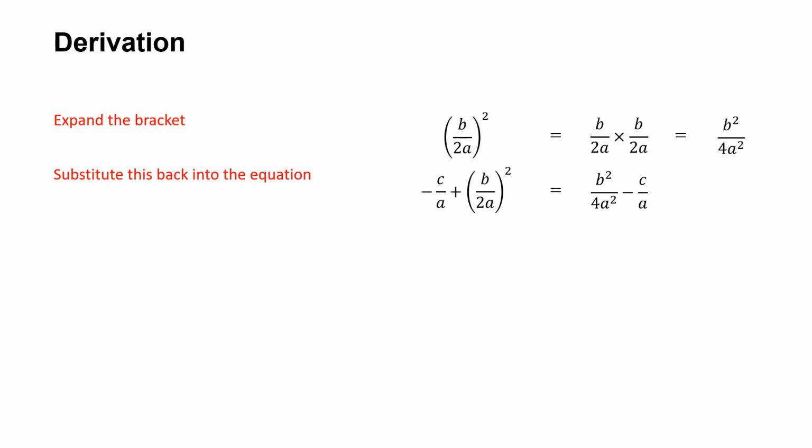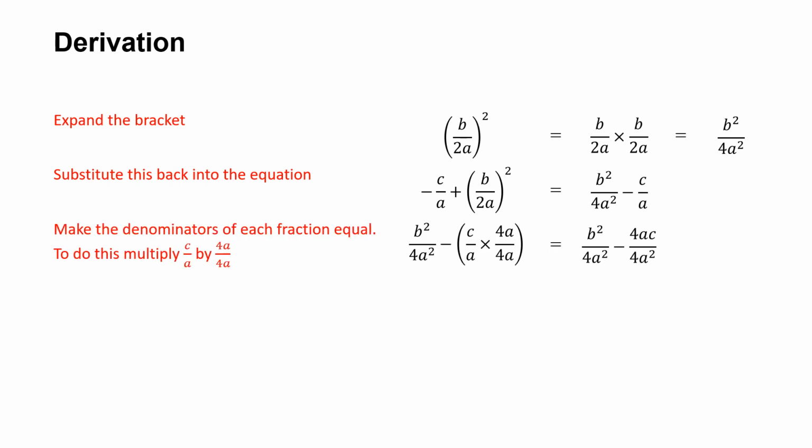And what we want to do now, we'd like to be able to subtract the numerator here, so the b squared minus c, but to do that, we need to make the denominators equal. So the simplest way we can do this is we're going to multiply the c over a by 4a over 4a.